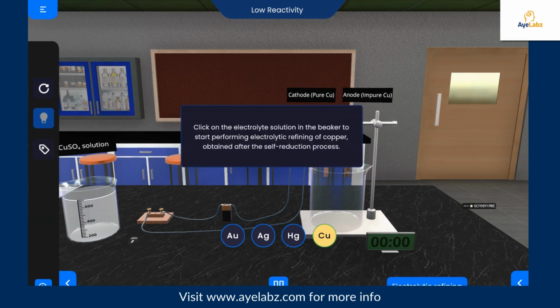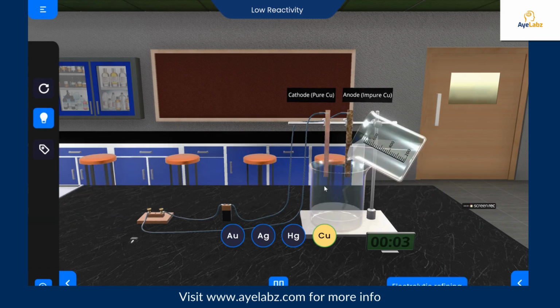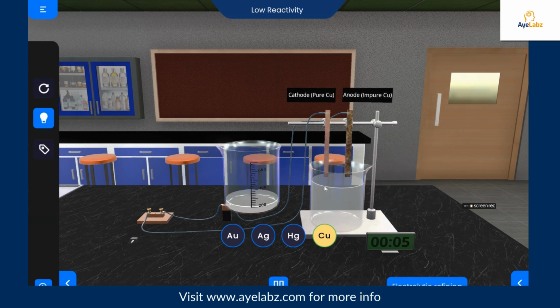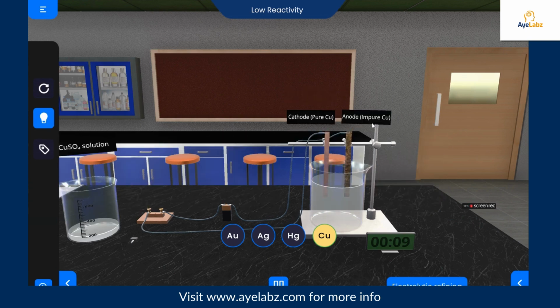By clicking on electro-refining, it will give you the setup of copper sulfate solution along with some electrodes. Copper sulfate is used here as the electrolytic solution, and pure and impure copper are taken as the cathode and anode respectively.